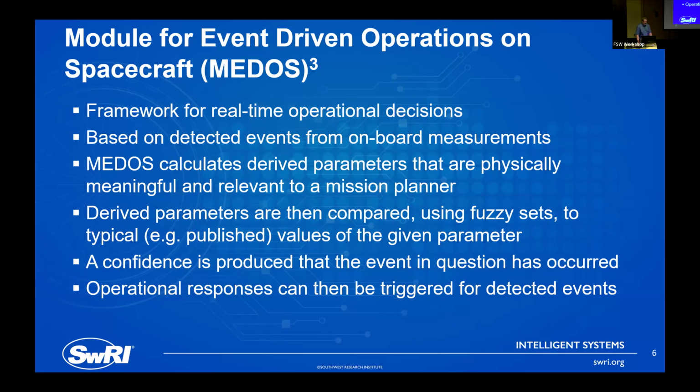From its decision-making process, it produces a confidence that the event has actually occurred, and it can be used to trigger responses. It can be used to trigger onboard responses, say to the spacecraft, or to trigger responses on the ground.